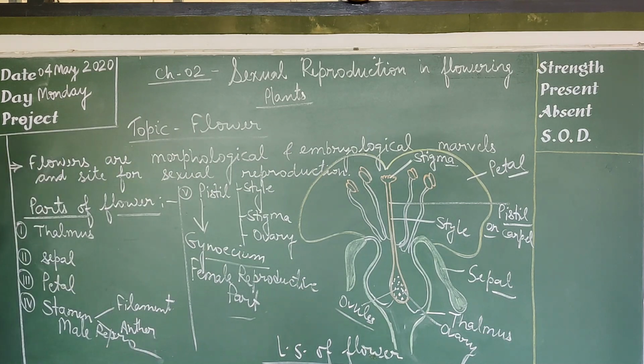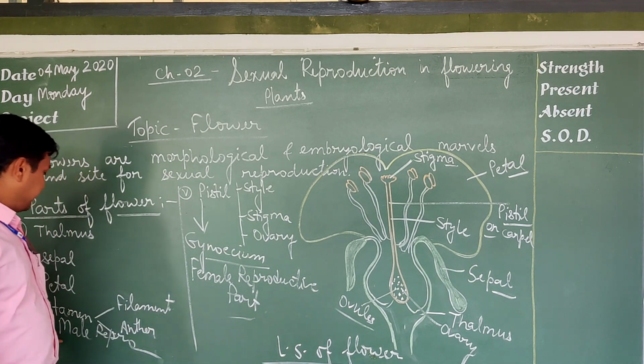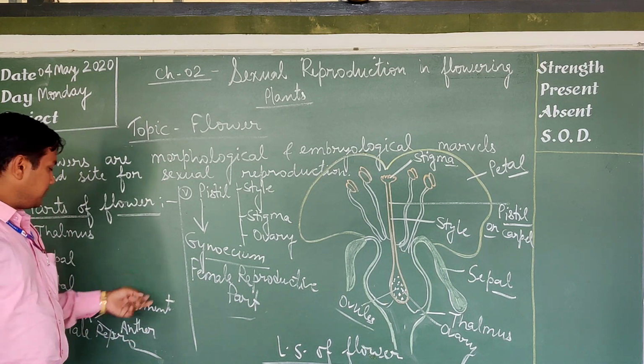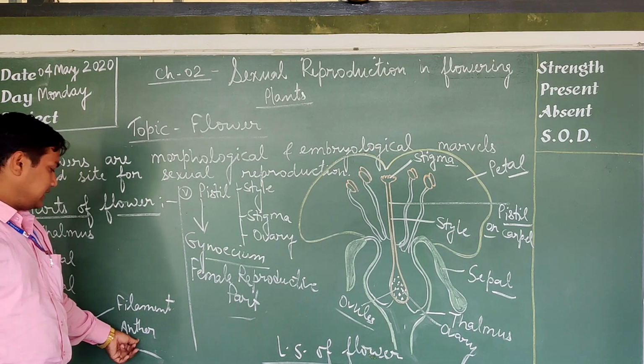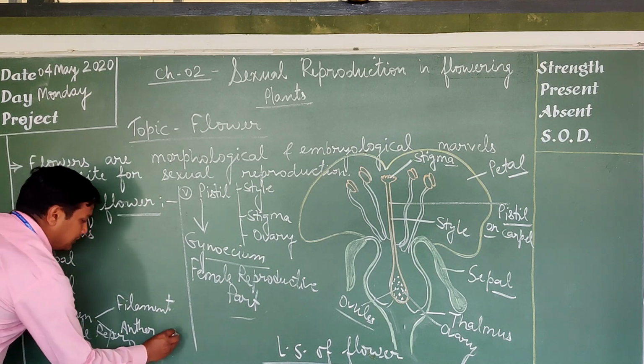One more time I am going to discuss the parts of the flower. The lower part is known as the thalamus. Next is the sepal, and the colored part of the flower is known as petal, and the male part is known as stamen, and stamen is divided into two parts, filament and anther. Anthers are mostly bilobed.